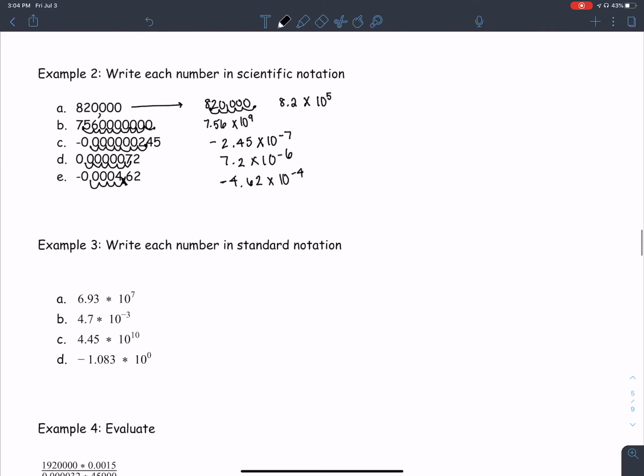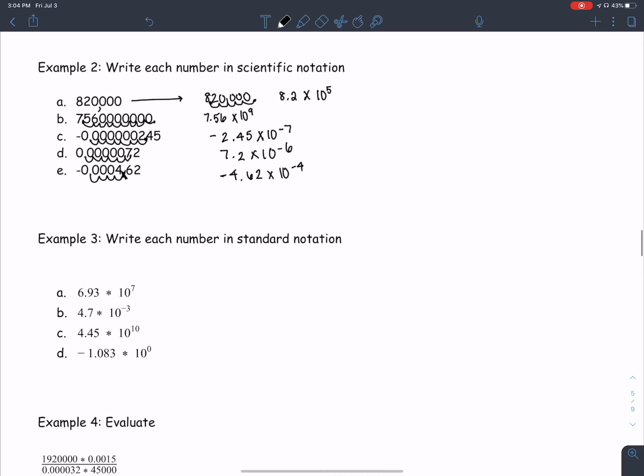Now we're going to do standard form. So we have 10 to the 7th. We're going to move it to the right. So 1, 2, 3, 4, 5, 6, 7. That gives us our original number. Negative 3. So we're going to move it to the left. So 1, 2, 3. That gives our original number.